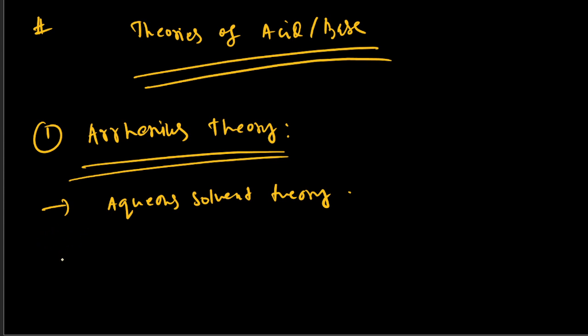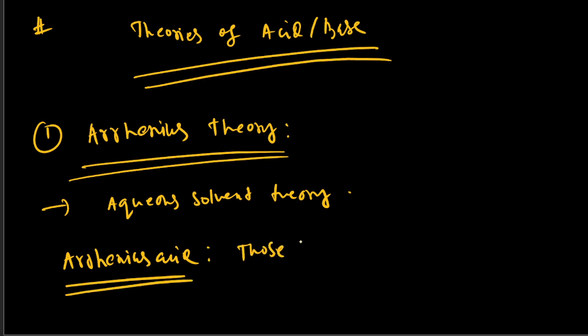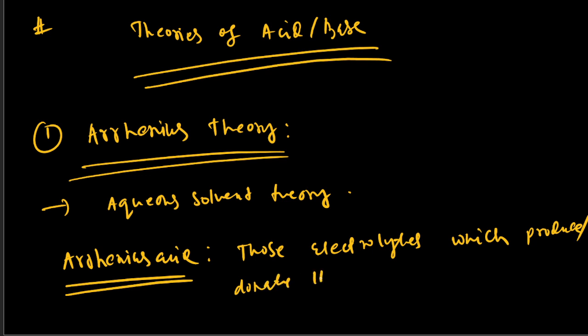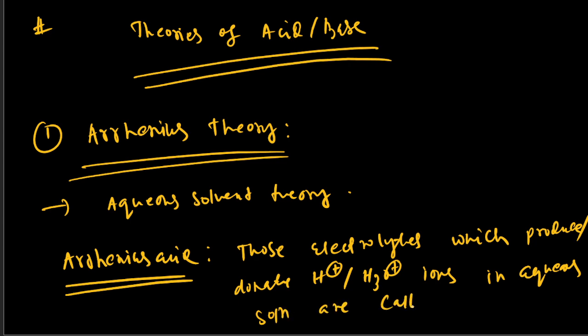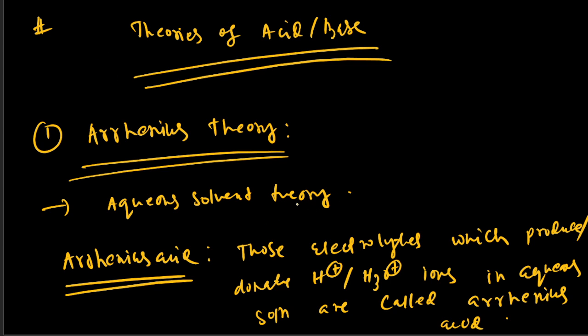So according to him, Arrhenius acids are those electrolytes which produce or donate H+ or H3O+ ions in aqueous solutions, and they are called Arrhenius acids. So what he says is that any electrolytes which produce or donate H+ or H3O+ ions in aqueous solutions are called Arrhenius acids.